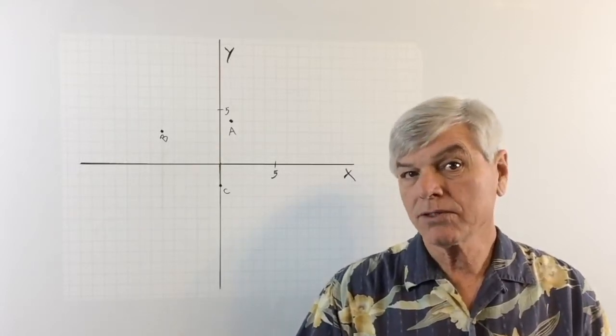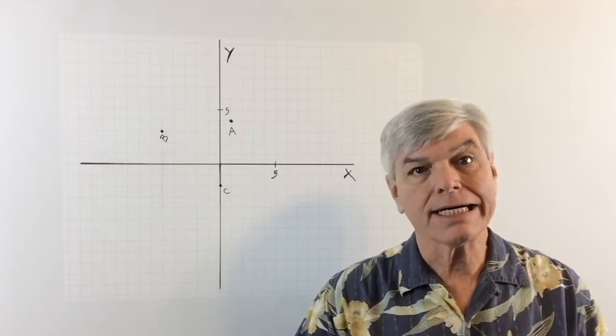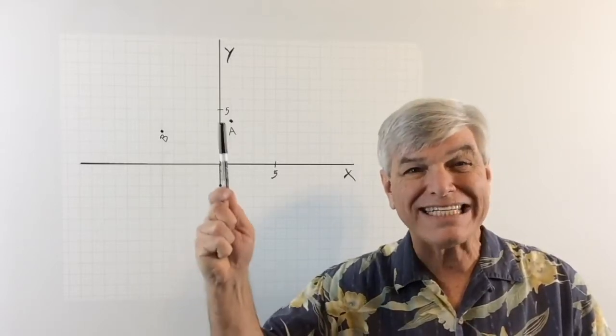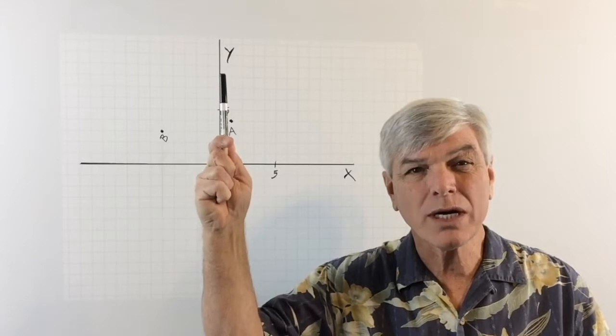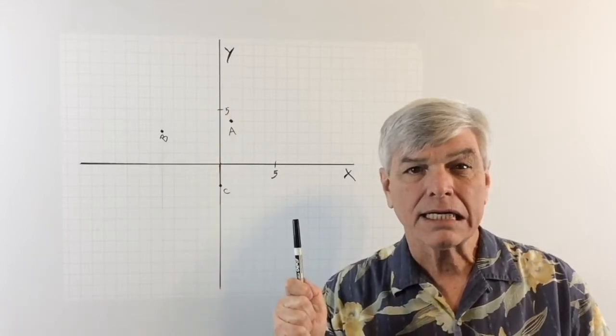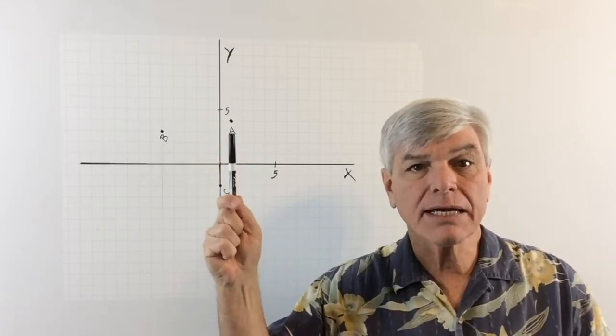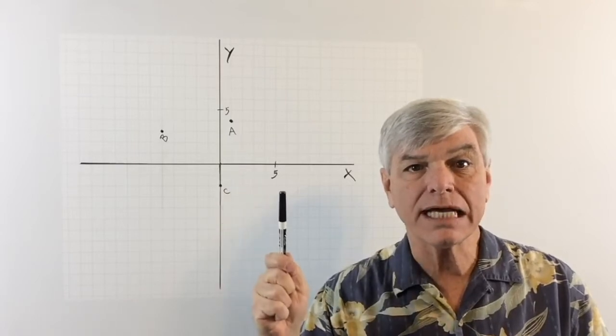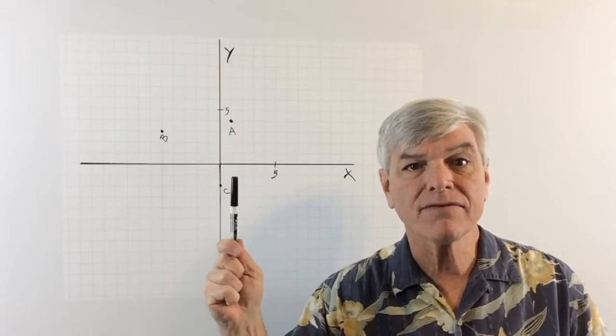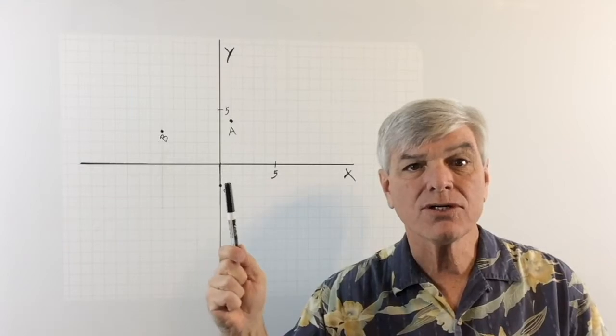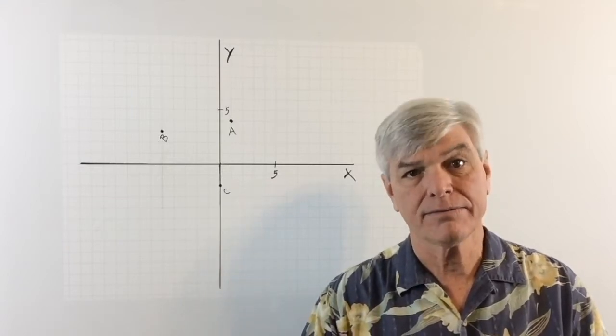Now, if I'm running out of room and I need to label that 10 because up here is going to be 20 or something like that, then I would label this one 10 and this one 10, and that would tell me that every time I move a space, it's 2. So it'd be 2, 4, 6, 8, 10.